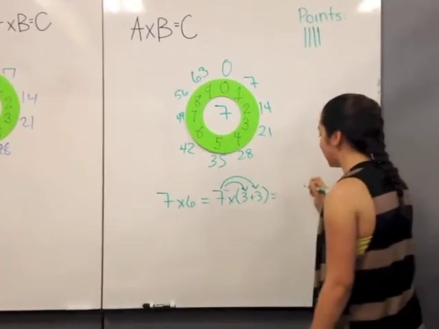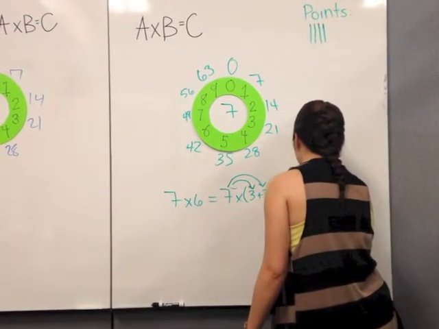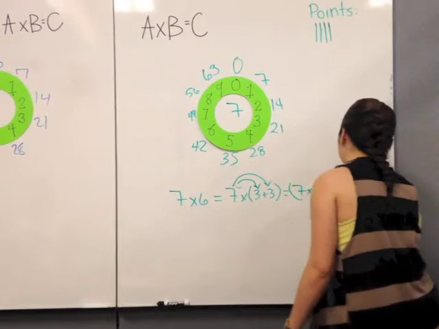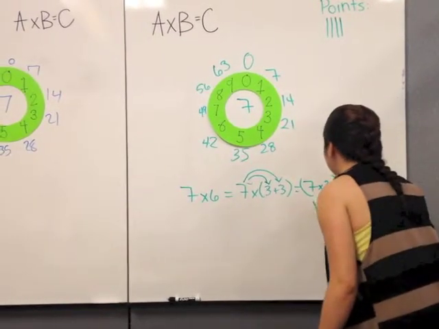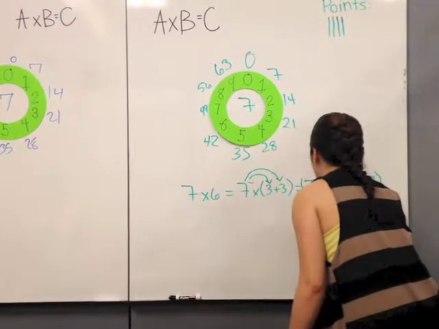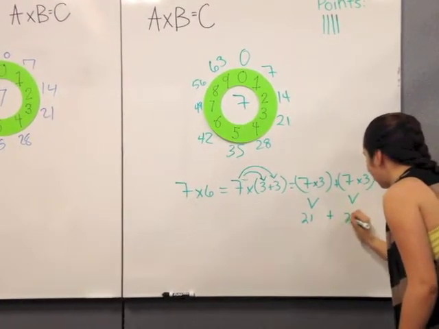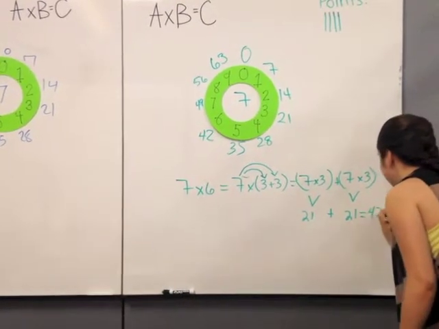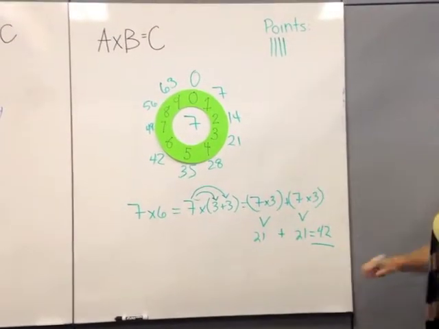And then I have my second set of equation, which is 7 times 3 plus 7 times 3. 7 times 3 is 21 plus 7 times 3 is 21, which equals 42. So 7 times 6 equals 42.